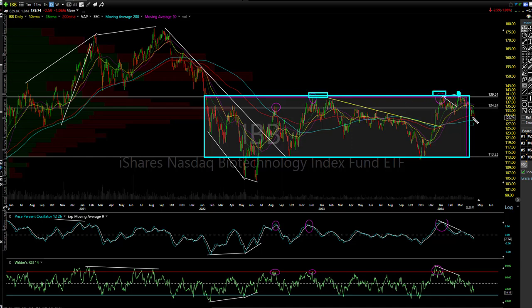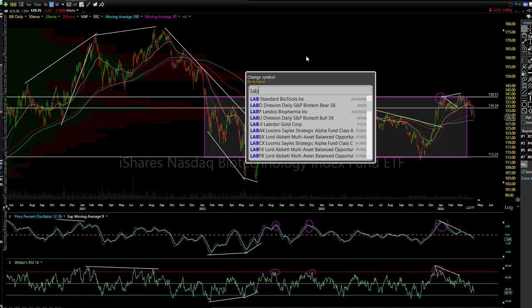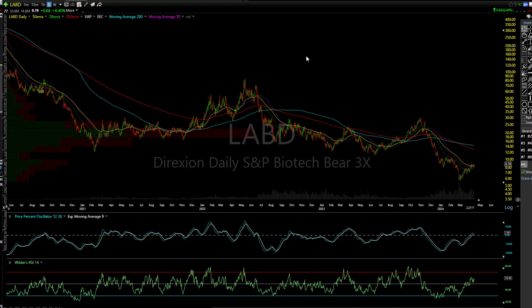It didn't last long. We're back in the range, and the MO typically, especially after a failed breakout, you're going back, maybe not straight down, possibly, but that's the next stop, bottom of the range. That's IBB, one of several biotech ETFs. There's LABD, a biotech bear. It's 3 times leverage, so keep that in mind. Or you just short IBB or XBI or any of the other ones.